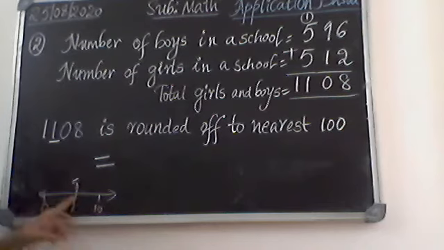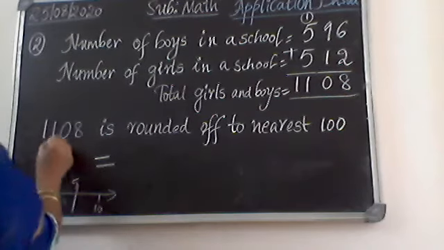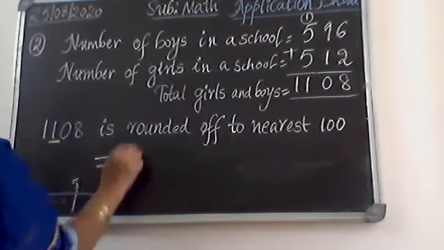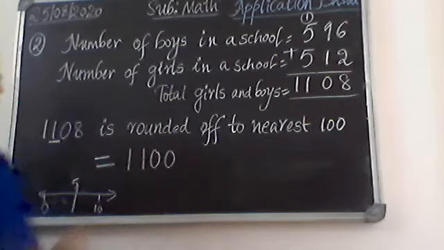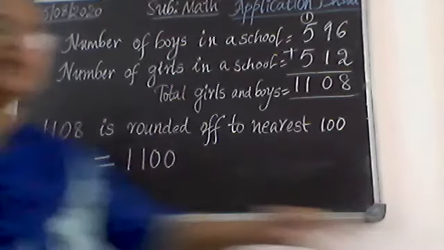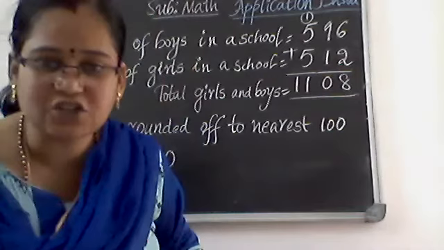Isn't it? This is our number line. So we will not increase it by 1. We will write it as it is, and the remaining 2 digits become 0. It becomes 1100. Is it clear, children?